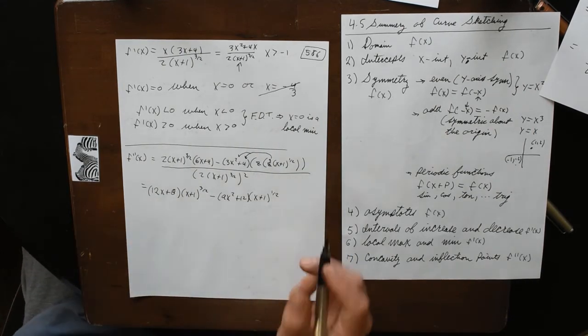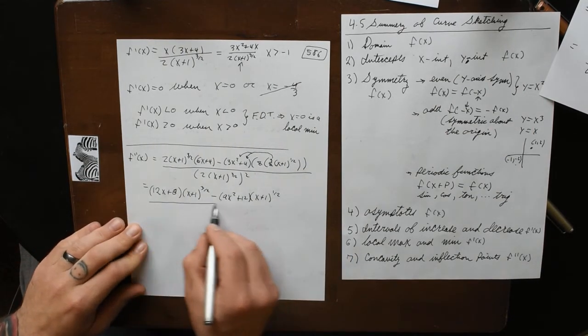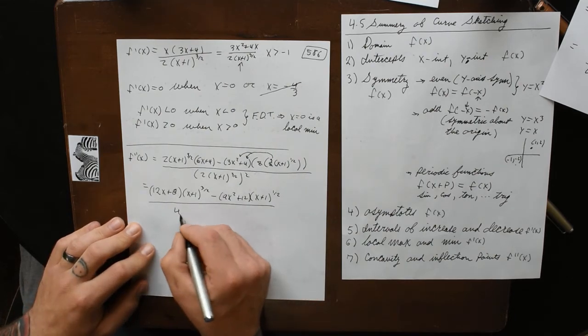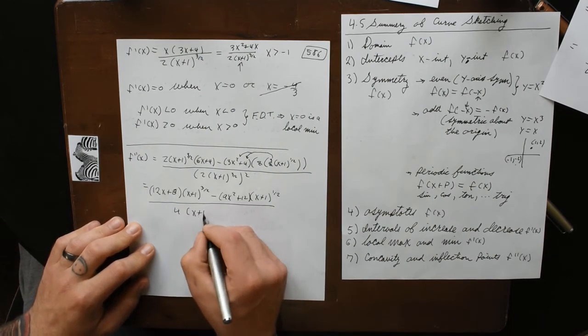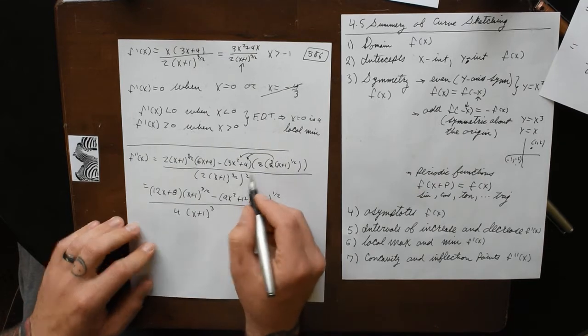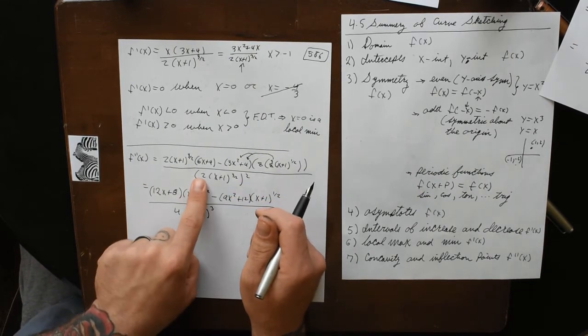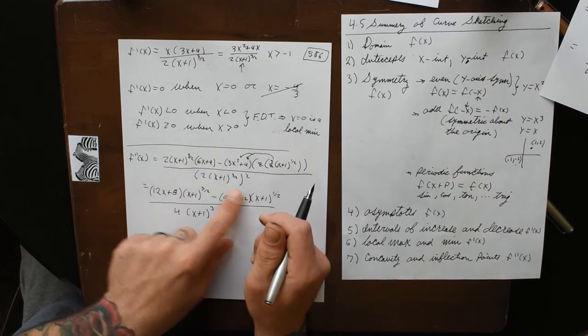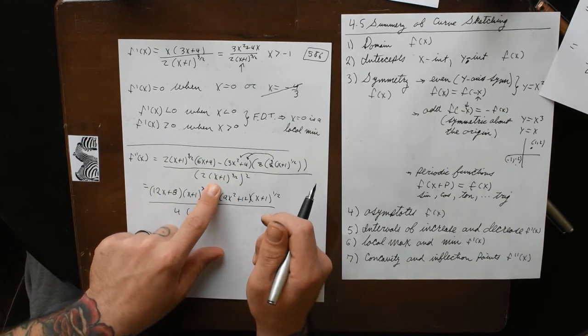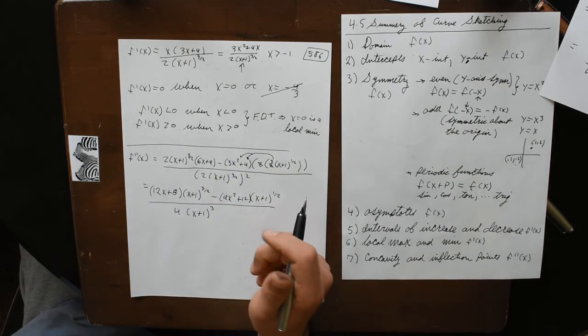Perfect. So all divided by 4 times (x plus 1) cubed, because that exponent we squared, 2 squared and the square root of (x plus 1) cubed squared.